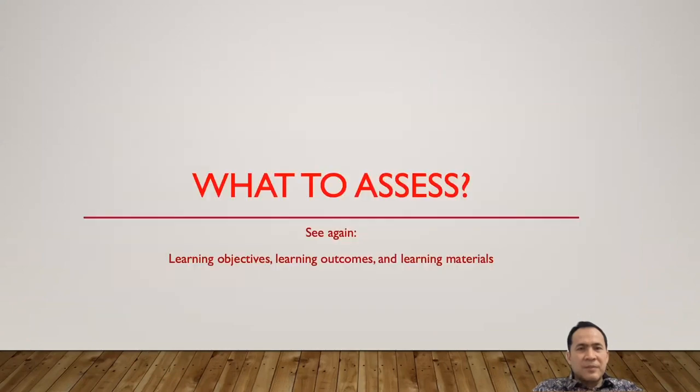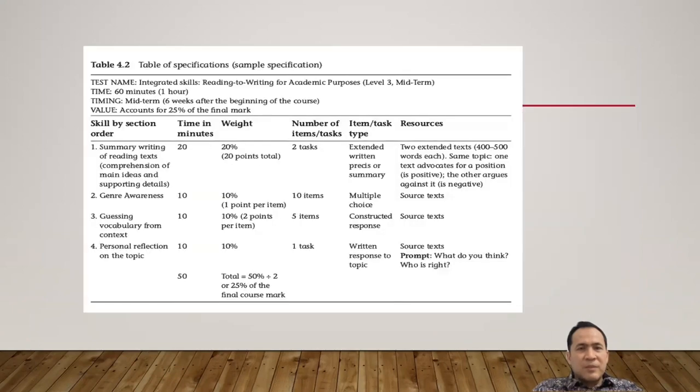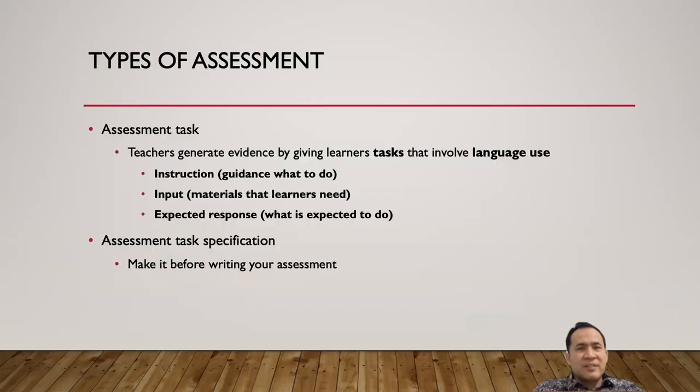So first of all, you have to know this one, because my final test, or final assignment, will be like this. Make a kind of test specification, and then you make an assessment. An assessment should be like this. It consists of an assessment task, ya. Nanti tugasnya seperti itu.